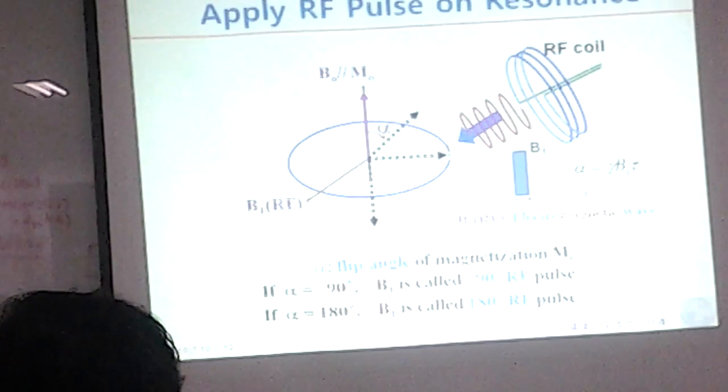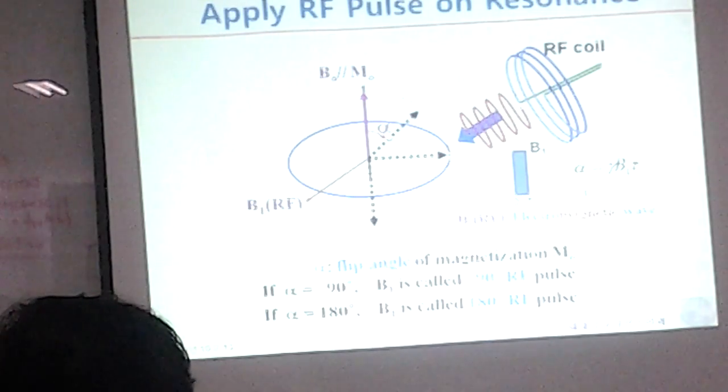Then if we stop the RF pulse after the magnetization flips alpha degrees, we call it an alpha degree RF pulse. If alpha is 90 degrees, this is called a 90 degree RF pulse. If alpha is 180, then it is called a 180 RF pulse, or inversion RF pulse, because the flip direction is inverted by the inversion RF pulse.